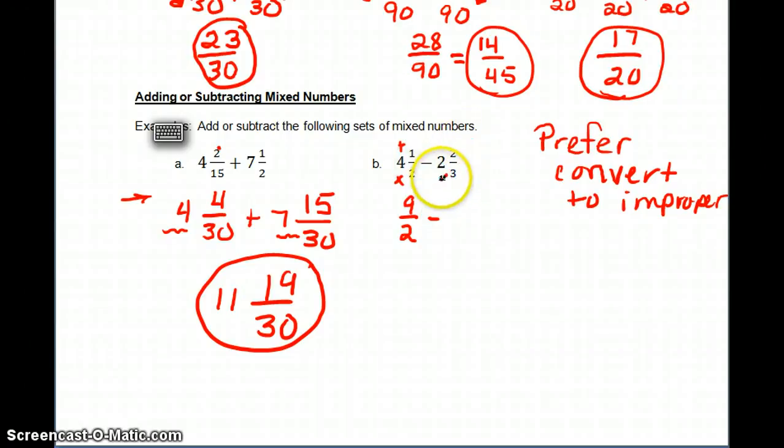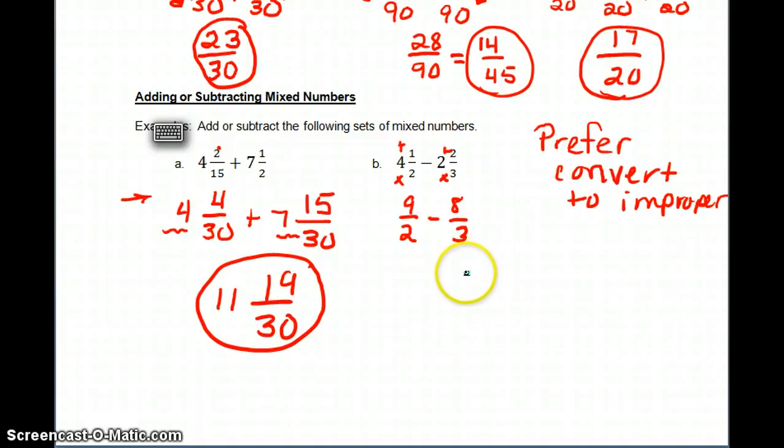Same steps, we're going to multiply and then add. So 3 times 2 is 6. 6 plus 2 is 8. And you keep the denominator. So now, instead of having two mixed numbers, we have two improper fractions that we're going to work with. So we have 9/2 minus 8/3.